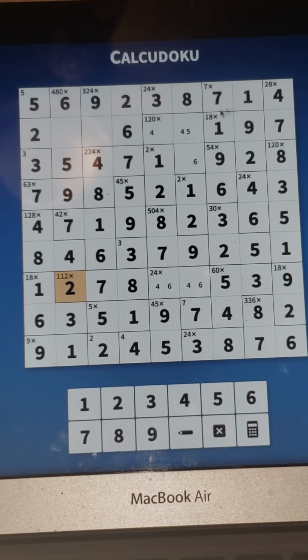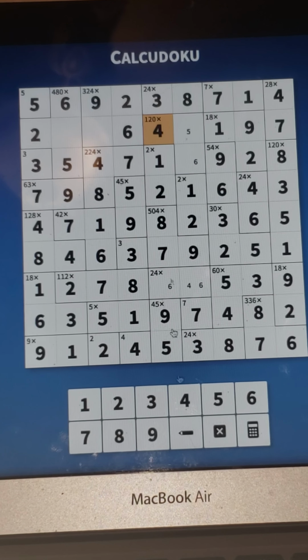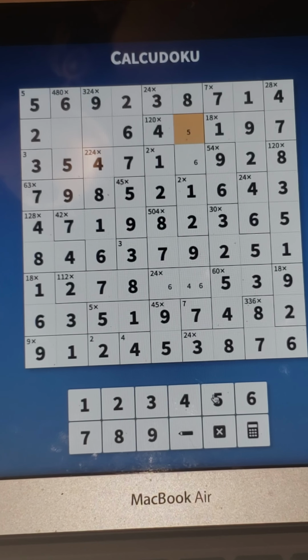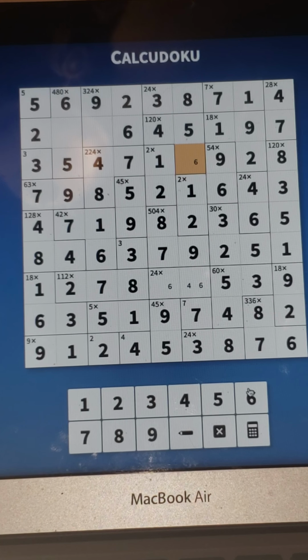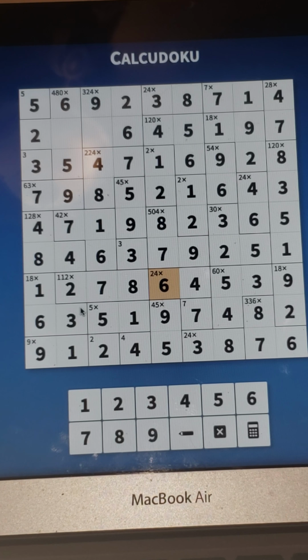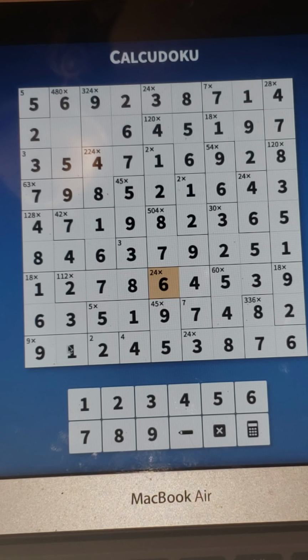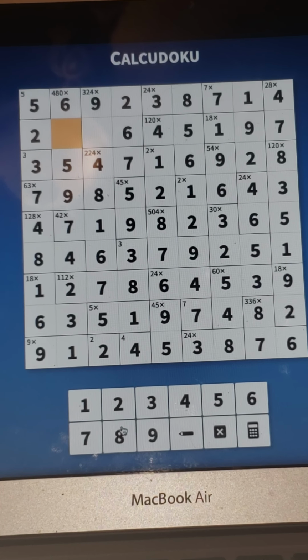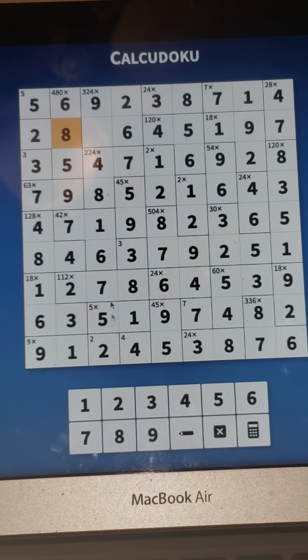And just like that, filling in the singles, which is basically what I'm doing right now. Now we're left with the last 2 boxes. All we have to do is hidden singles on this.